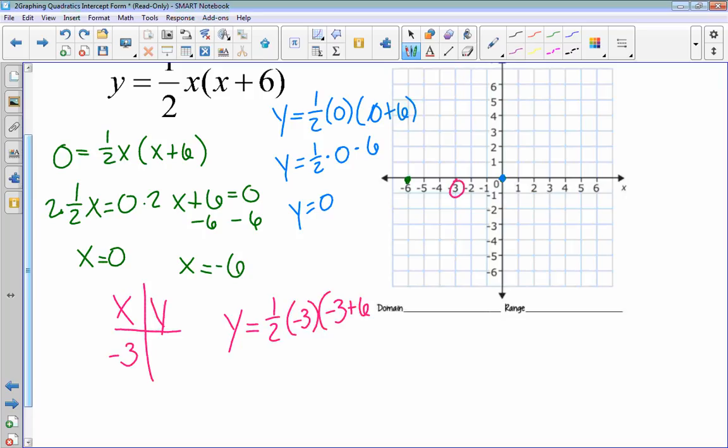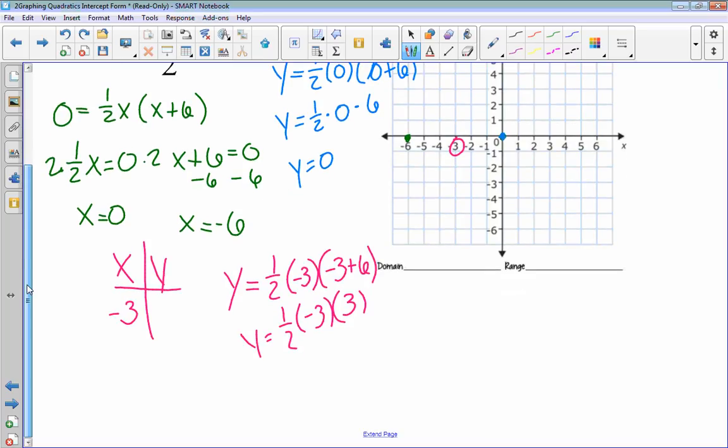So if I multiply, I get -3 plus 6 gives me a 3. Okay, now it's easier to multiply whole numbers, so I'm going to say -3 times 3 is -9. And 1/2 of -9 is -4.5.